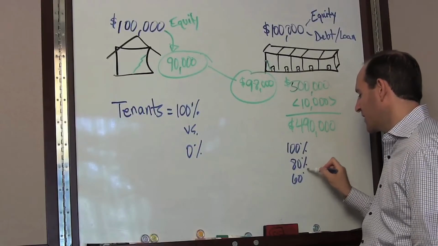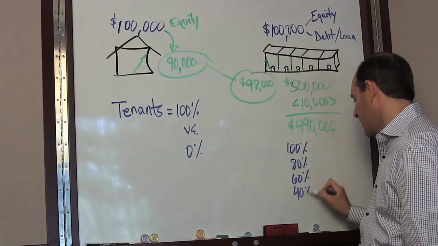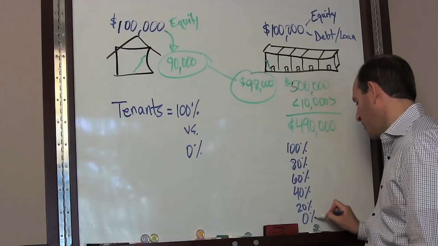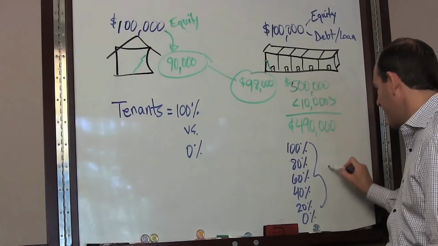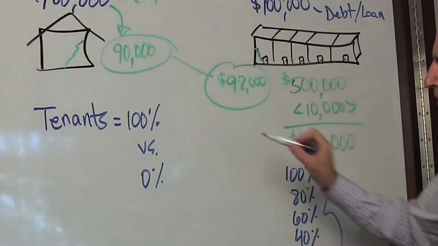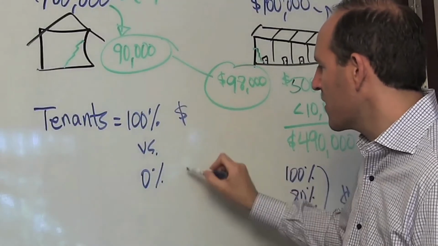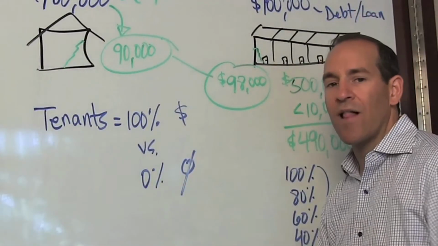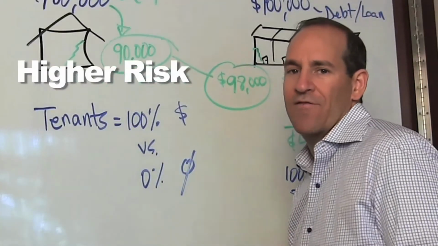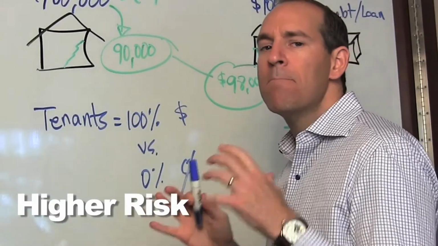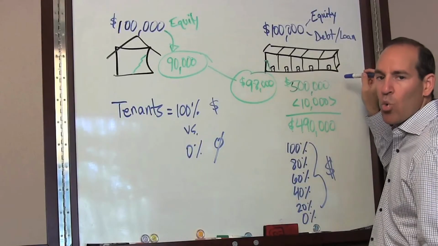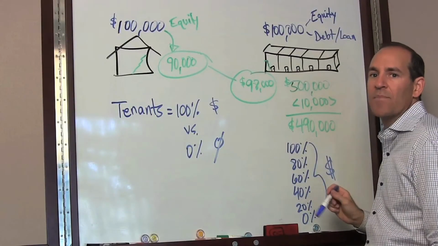It goes down to 60, to 40, and then, in really horrible scenarios, you're down to 20% before you get to 0. In all of these cases, you're making money. In this case, there's money here and nothing there. So the risk from buying a single asset where you're the equity investor and there's only one tenant is much, much higher than becoming part of a commercial deal where you're sharing the risk and sharing the upside.